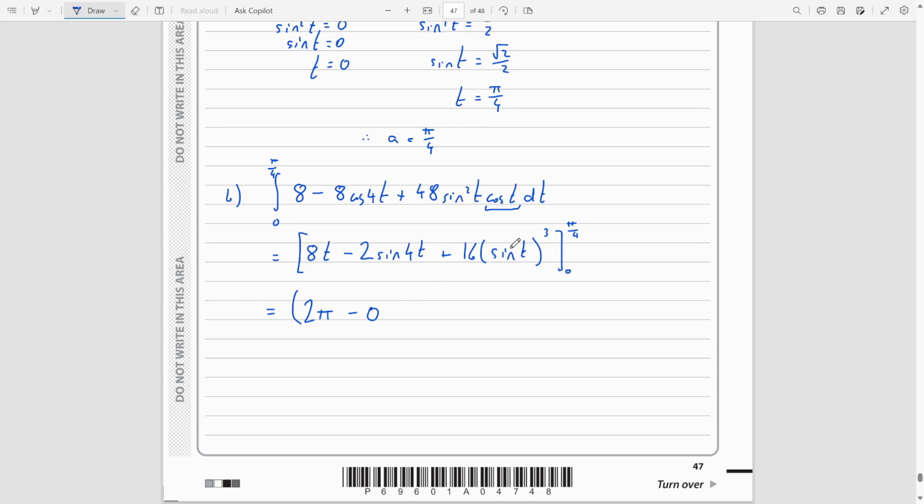Cube that, and times it by 16, and you get 4 root 2, so plus 4 root 2. Now subbing in 0, 8 times 0 is 0, sine of 0 is 0, sine of 0 is 0. And so this is our answer. Our answer is 2 pi plus 4 root 2. And that's it. That's the paper done.